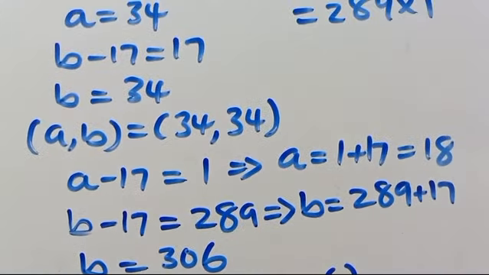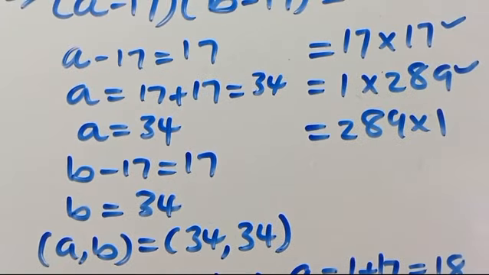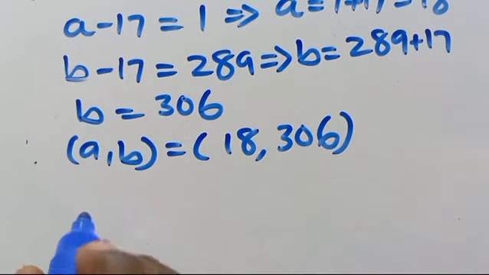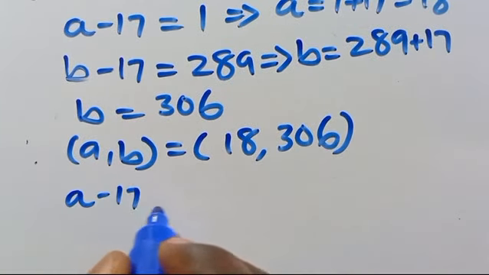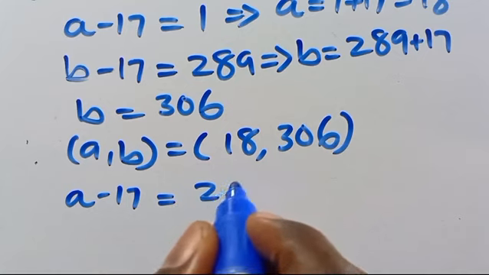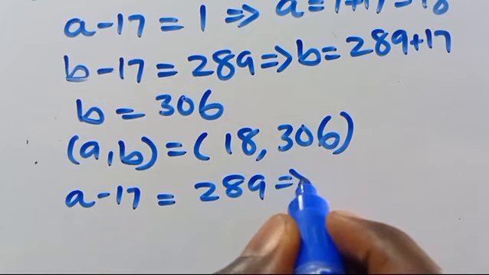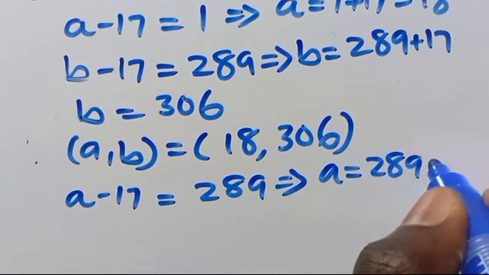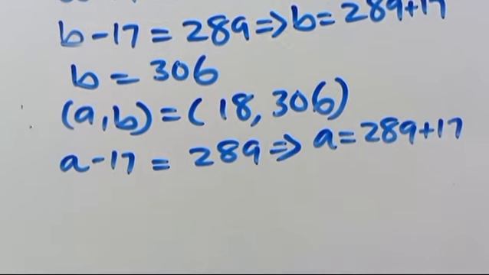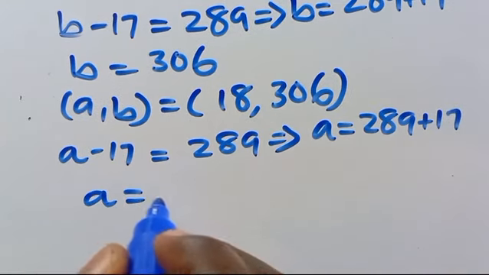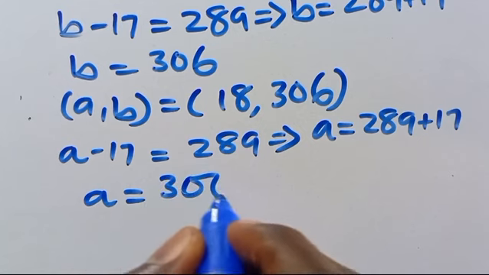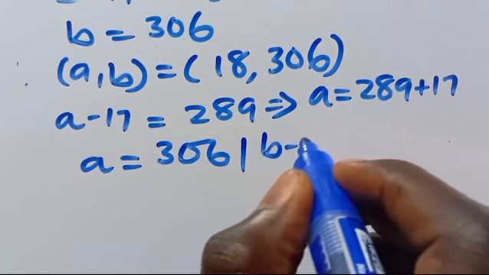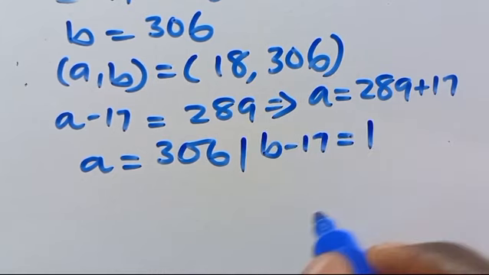Considering the third, we are going to have a minus 17 equals 289, and this implies a will be equal to 289 plus 17. Then our a will be equal to 306. And also we have b minus 17 equals 1.